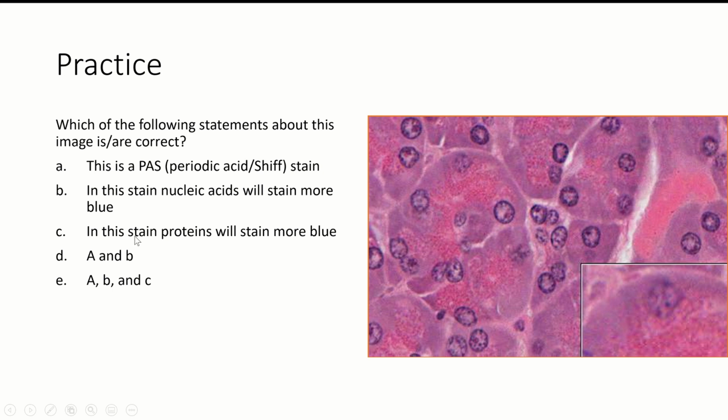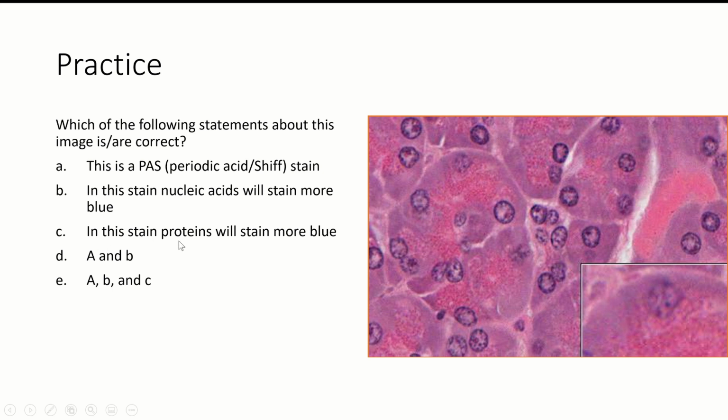Okay, and then C, so another little trick: if I said A is wrong and B is right, that means that C better be wrong, because there is no option where only B and C are right. So if I know that B is right, A is wrong, C better be wrong. So that's how I can kind of check myself. So we're hoping that C isn't going to be right. Let's see.